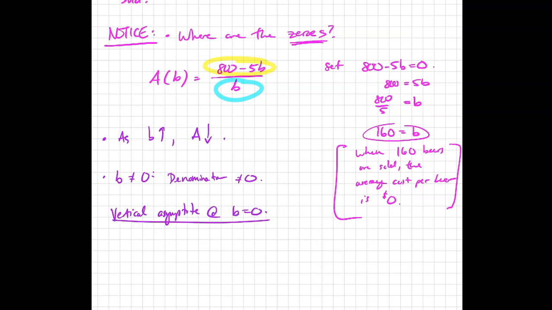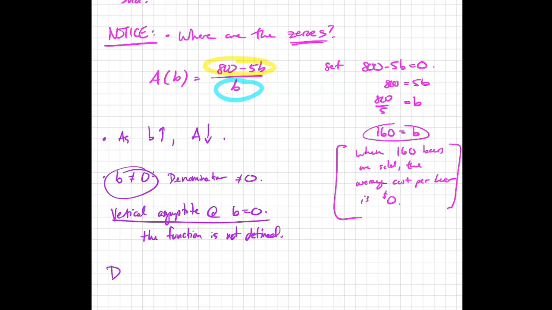What does vertical asymptote mean? It means that the function is not defined here. If you plug b equals 0 into your calculator, it'll be an error. It's not defined.